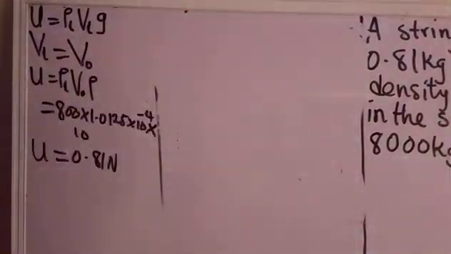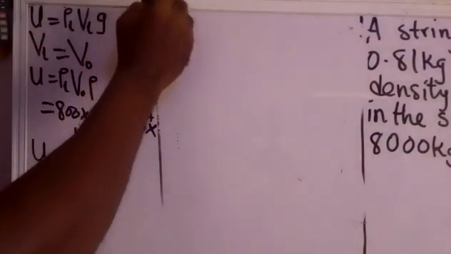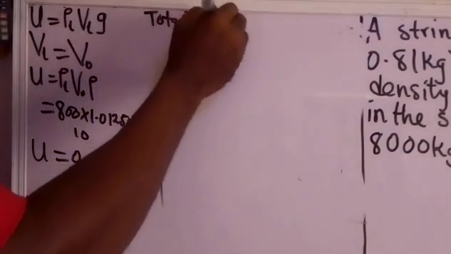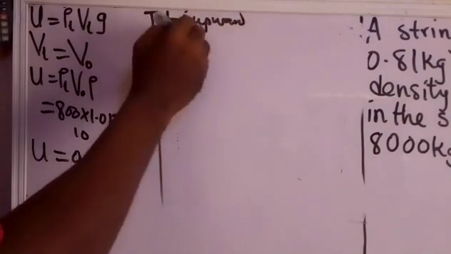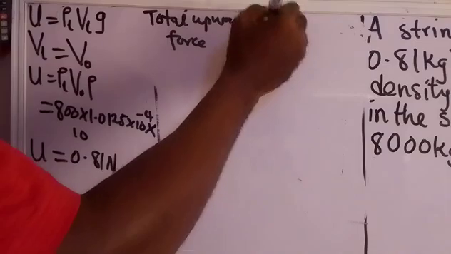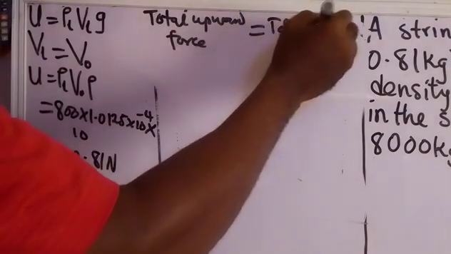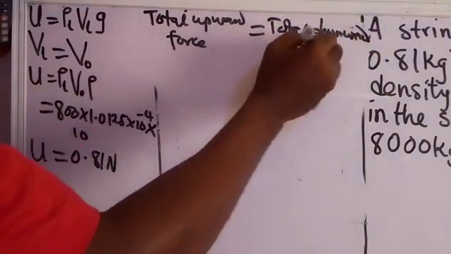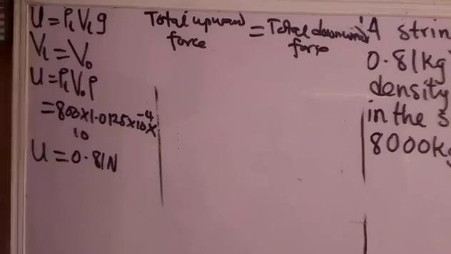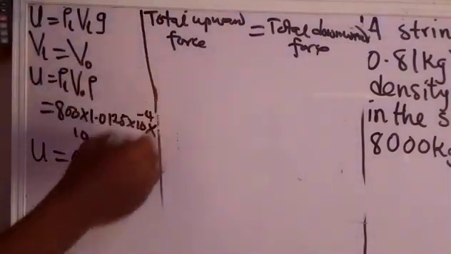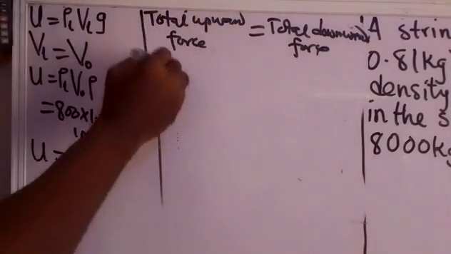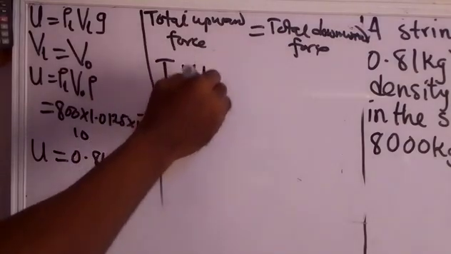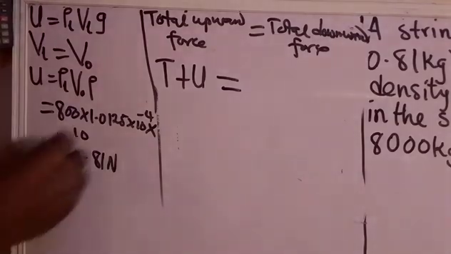Of course, from our diagram, we know total upward force has to be equal to total downward force. That means forces up must be equal to forces down. So how many forces were acting up? Tension and upthrust. How many forces were acting down?